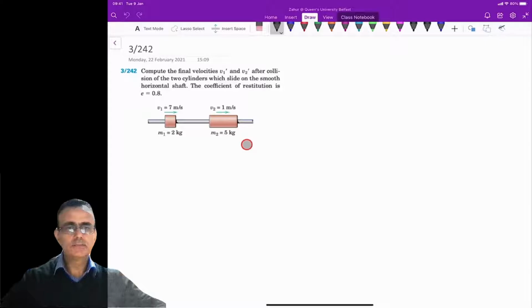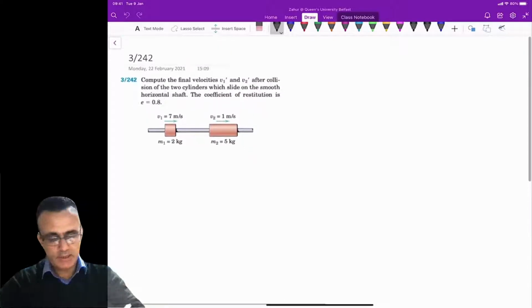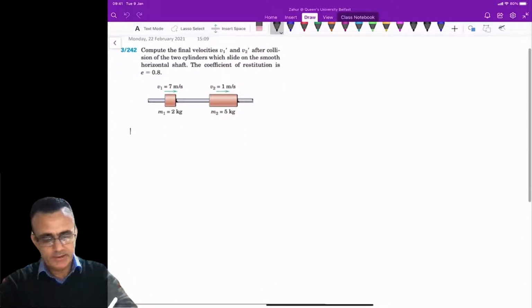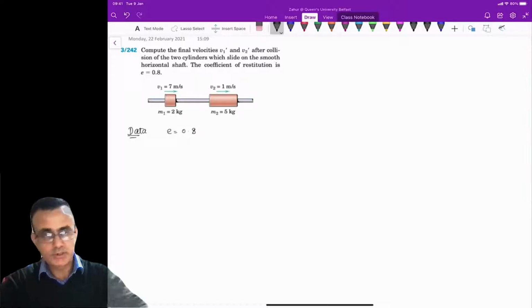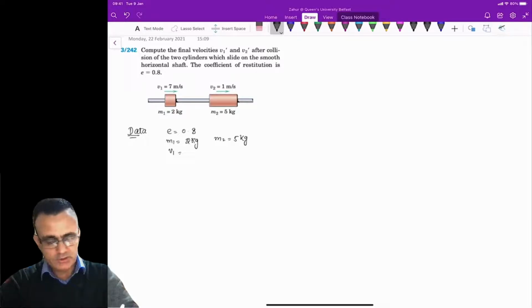the first thing is you are given the data here. So e is given, which is the coefficient of restitution, 0.8. You are given m1, which is 2 kilogram, and m2, which is 5 kilogram, and v1, the velocity of mass 1, which is 7 meter per second, and similarly v2, the velocity of mass 2, which is 1 meter per second.